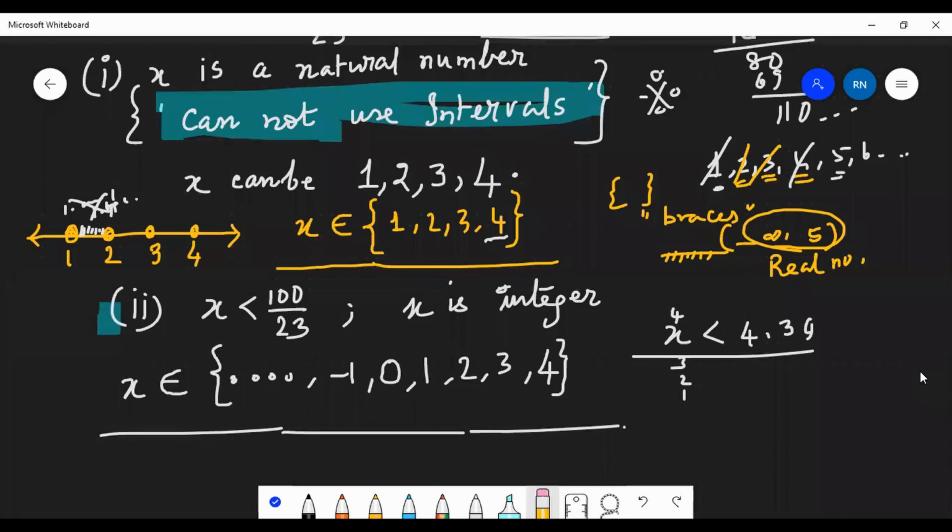Okay. So you know now how to make use of the number line and solve and represent the interval very well. You learned today how to use the square bracket and the round bracket with the closing, depending on whether the inequality alone is present or equal to also present. All right. So fine.